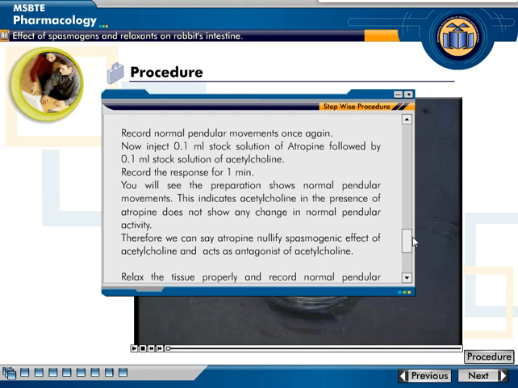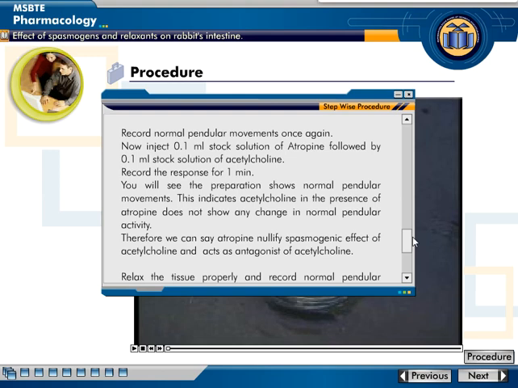That is the combination of atropine and acetylcholine, 0.1 ml each, and record the response for 1 minute. You will see the preparation shows normal pendular movement. That indicates that acetylcholine in presence of atropine does not show any change in the normal pendular activity.